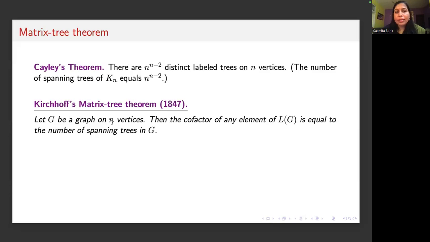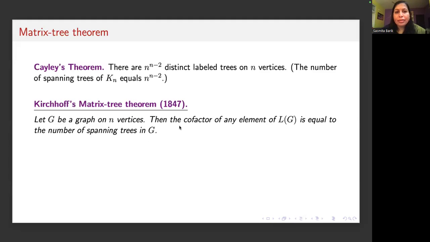But if I start with any graph G on n vertices and want to know the number of spanning trees, it's difficult. Counting can be done in many ways, as I told, but for an arbitrary graph, computing the number of spanning trees by algorithm takes time.